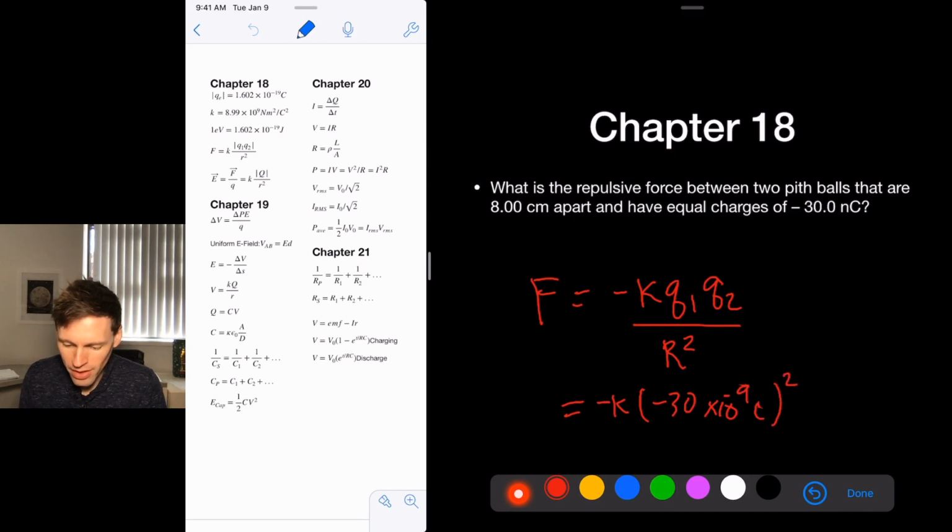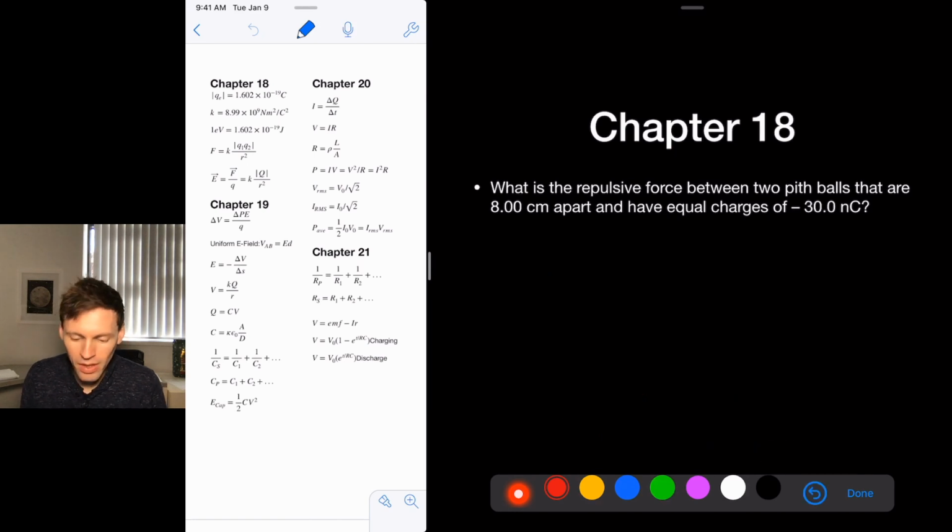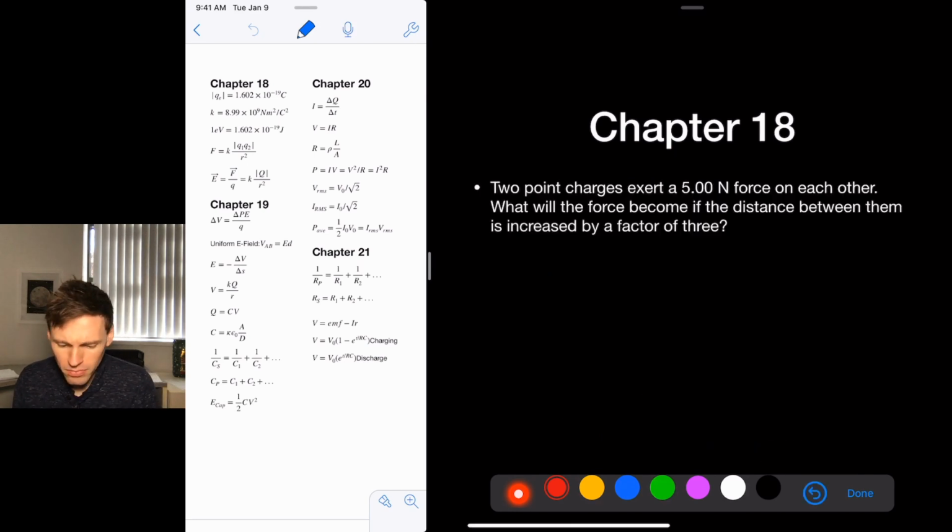So I'm going to square that because we get 2 of them, and that's going to end up making that positive. And then the distance between them is 0.08 meters squared. They're 8 centimeters apart. And you can do that and get the calculation.